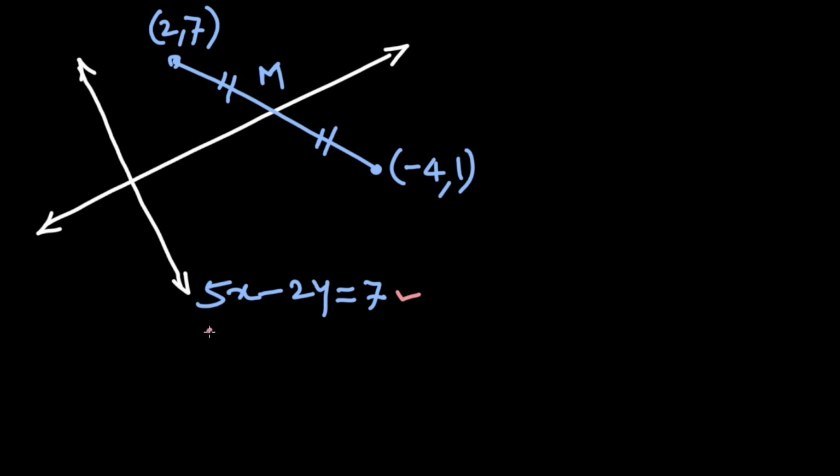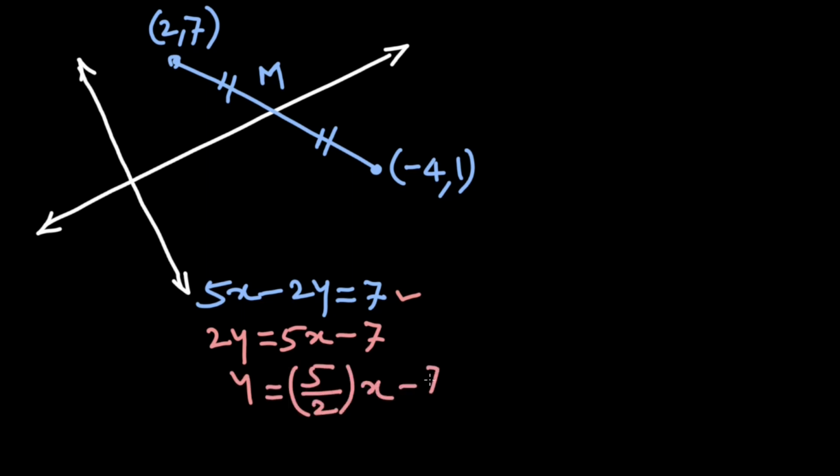It will be 2y equals 5x minus 7, which will be y equals 5 by 2 x minus 7 by 2. 5 by 2 is its slope. Since this line is perpendicular to the required line, the slope of the required line m will be the negative reciprocal of 5 by 2, which will be minus 2 by 5.